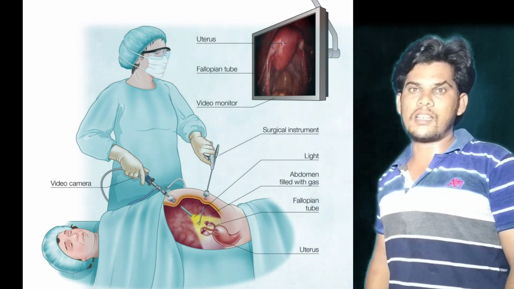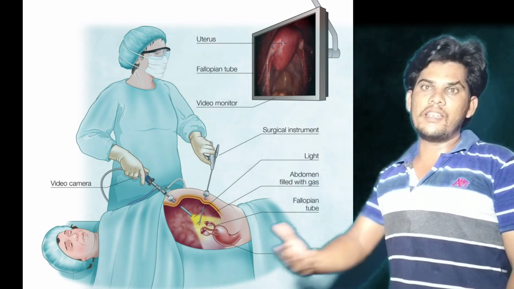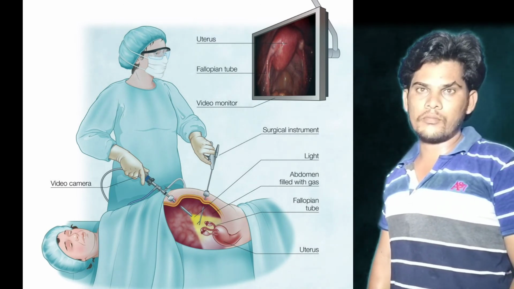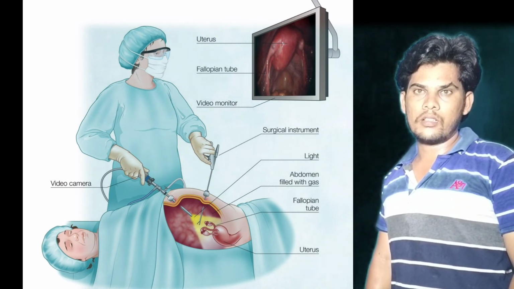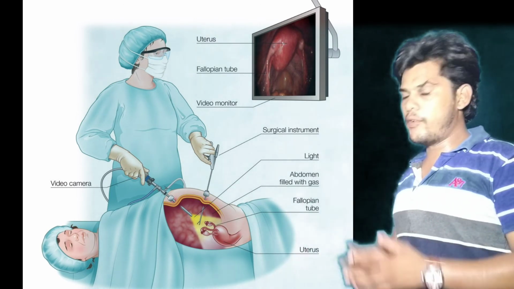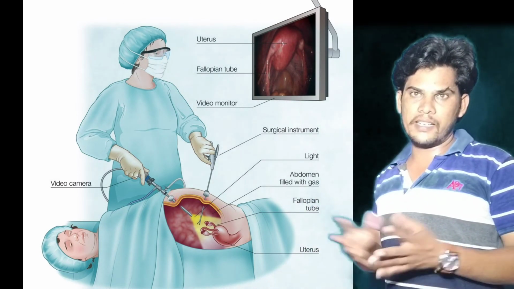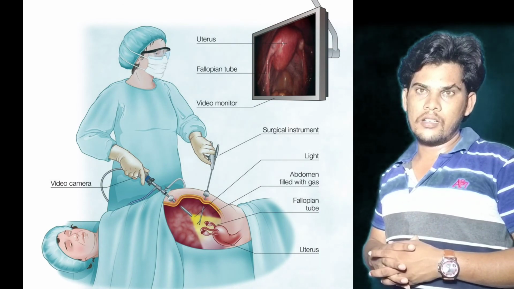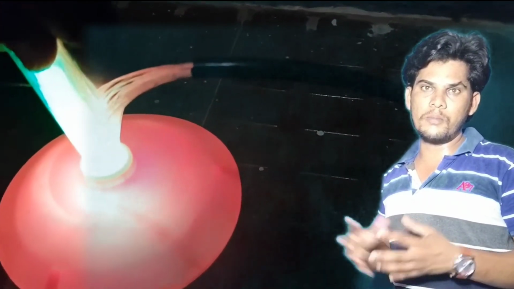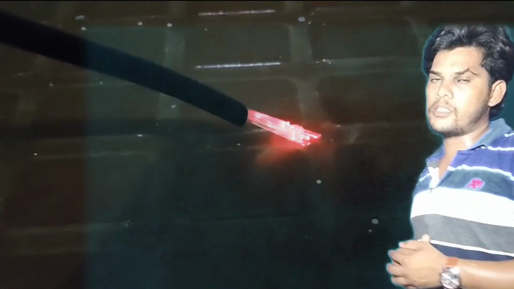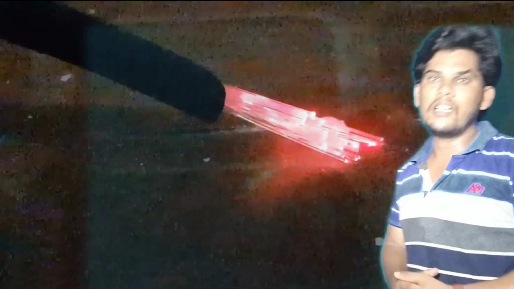This makes surgeries very easy. Nowadays optical fiber is also used to pass signals very quickly, like television signals, voice signals, and images. So optical fiber works on the principle of total internal reflection.